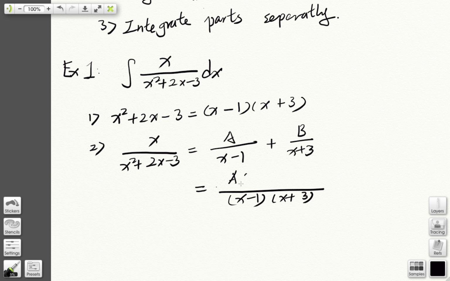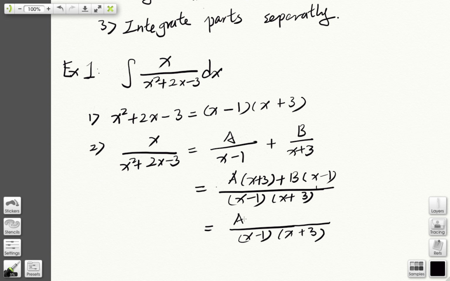So we'll have a times x plus 3. Again, for b, we have b times x minus 1, which equals a plus b times x plus 3a minus b, over x minus 1 times x plus 3.